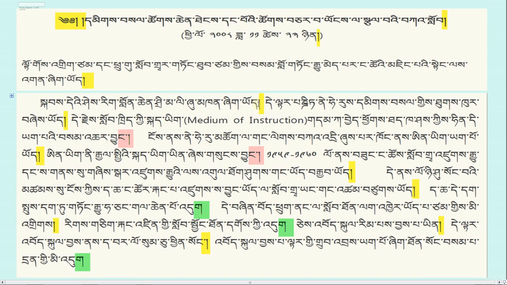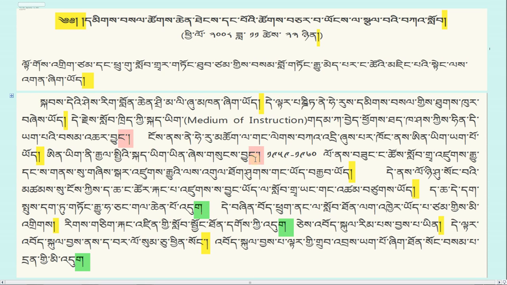And if the sentence ends with the letter ka, which is the third letter, right? Ka, ka, ka, nga. The third letter, if the sentence ends with the letter ka, it has neither the tsek nor the shi. So there's nothing that follows after the letter ka.